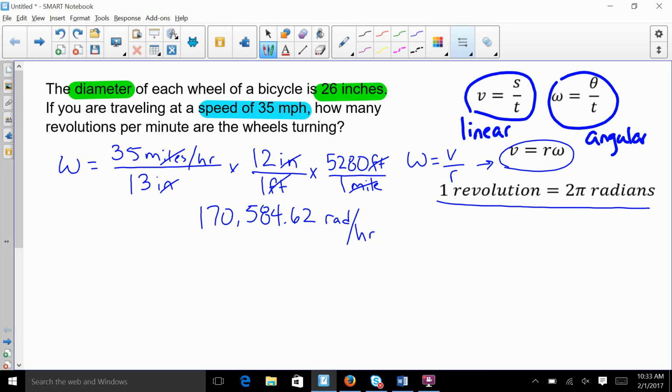Okay, so now I'm going to take that number and convert it so that it's in terms of minutes, because we're asking for revolutions per minute. That's what the problem asks for, and I have hours.